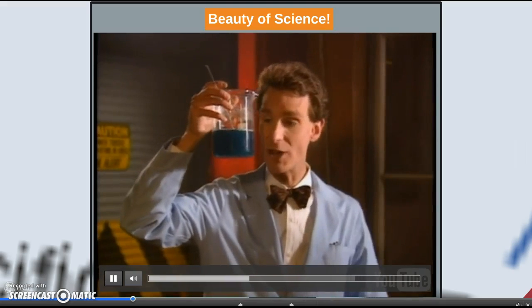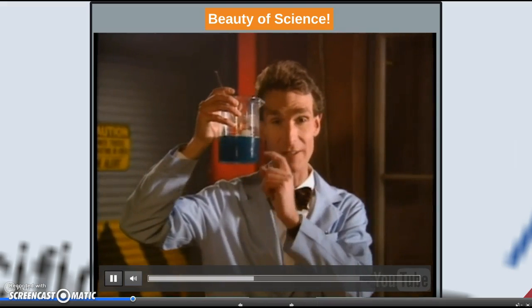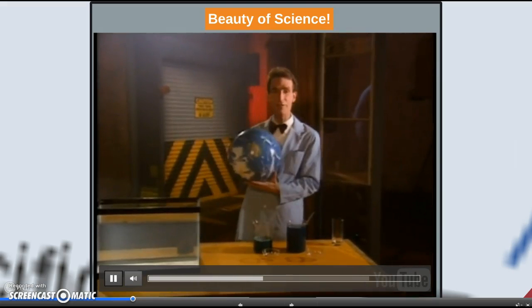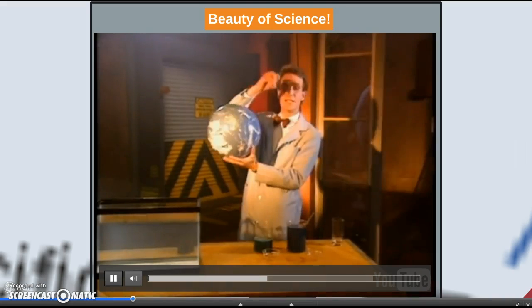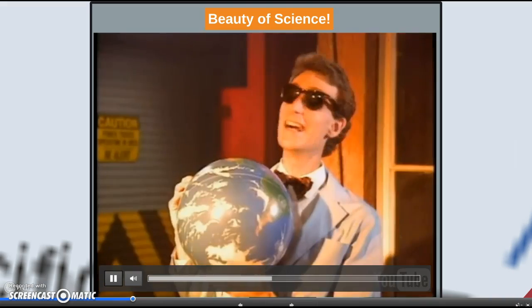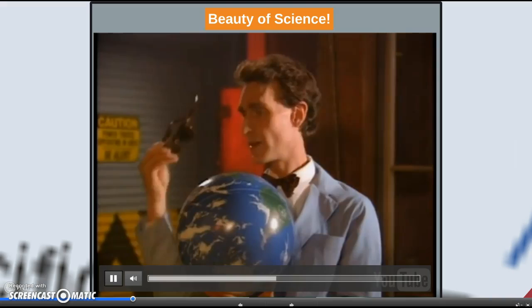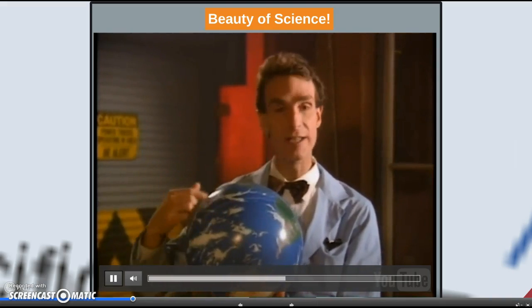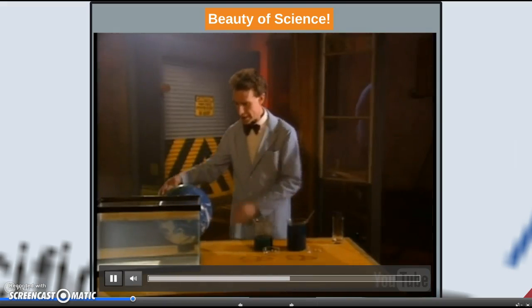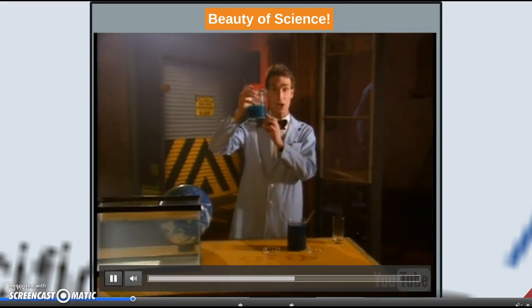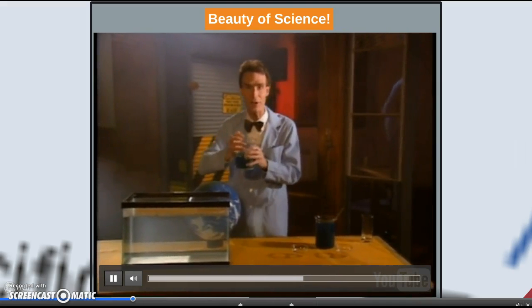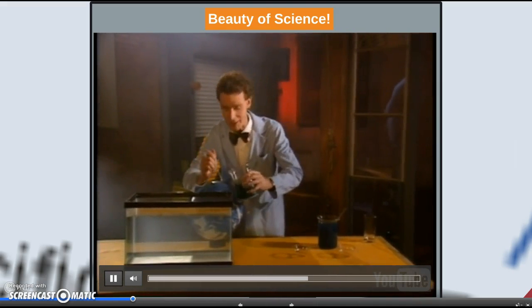This one's going to taste saltier because it has the same amount of salt dissolved in less water. Now let's say we were out in the middle of the ocean and the sun is beating down. What's going to happen? Well, some of the seawater is going to evaporate into the air and the salt is going to stay there. It's just like having the same amount of salt dissolved in less water. Now the more salt in the water, the heavier it is. So it sinks.